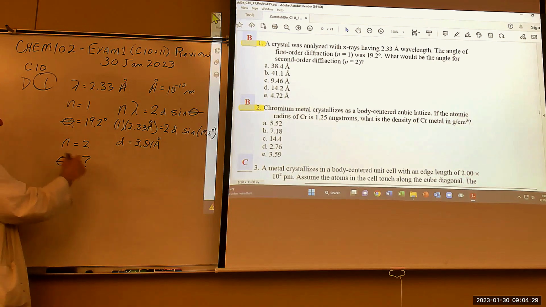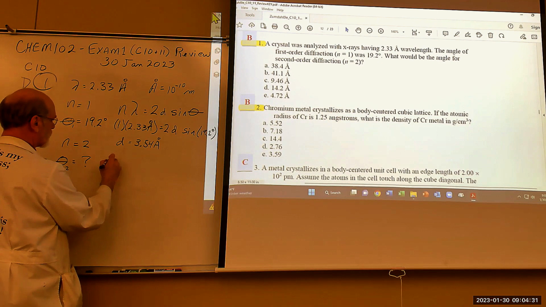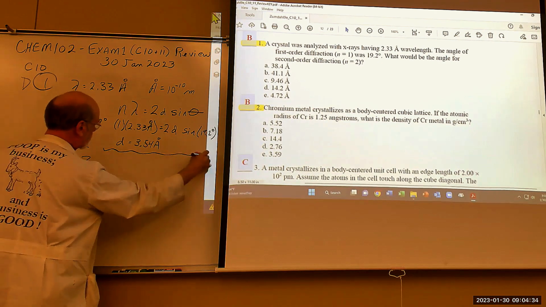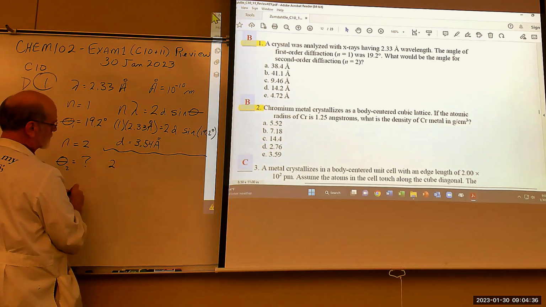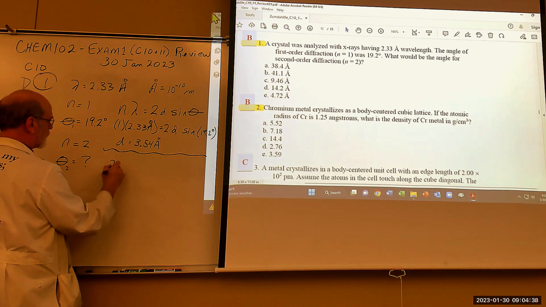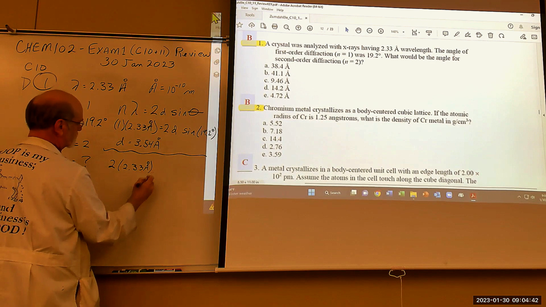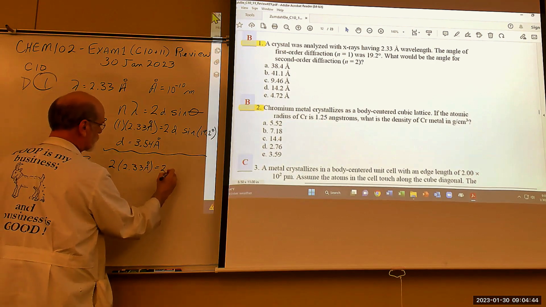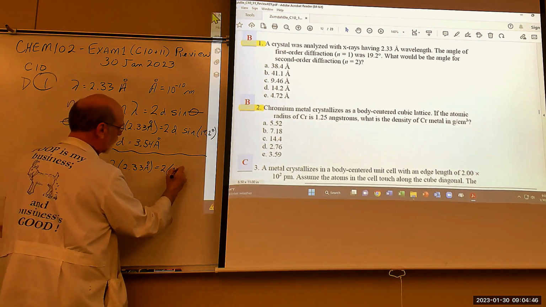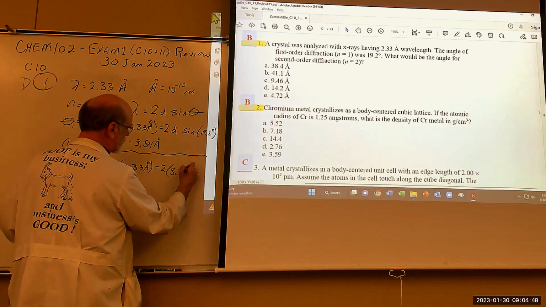So now we can set up another equation. This one now, n will be 2. The wavelength is still 2.33 angstroms. And this is 2. And the distance now is 3.54 angstroms.